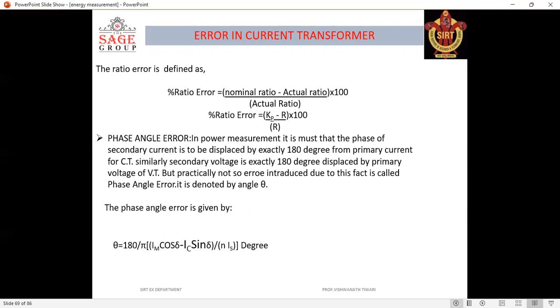theta equal to 180 upon pi, into (Im cos delta minus Ic sin delta) upon Is N, in degrees. Here theta is the phase angle error, pi is the value of pi, and Im cos delta is also called the magnetizing component, which magnetizes the core, and Ic is called the working component, which circulates the losses in the current transformers or instrument transformers.